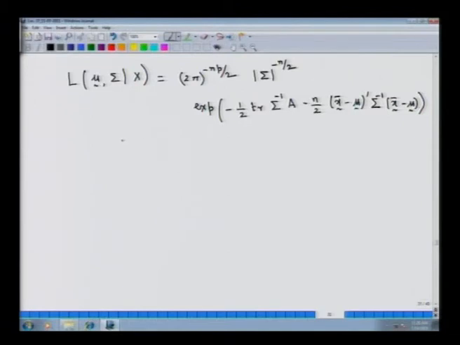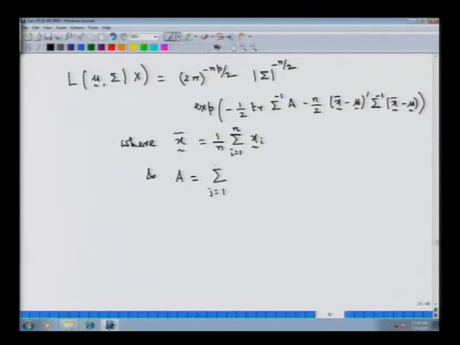where this x bar vector is 1 upon n summation x i vectors. So, it is the sample mean vector obtained from the observations x1 vector, x2 and up to xn, and this A matrix. This is actually the formulation of calculating the maximum likelihood estimators of the multivariate normal distribution.